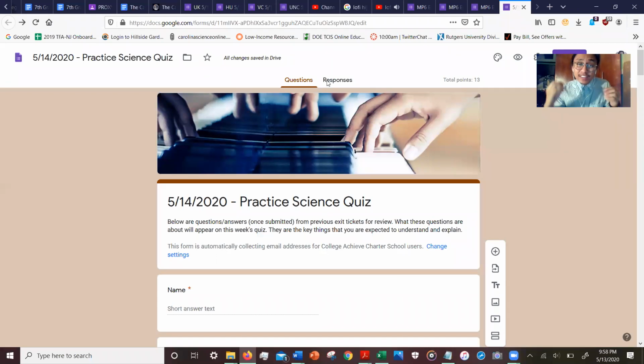It literally has every single question from the previous exit tickets that will be on this quiz. Now, these aren't the exact questions, but they definitely tap into the core of what you will be tested on for this Friday. Well, that's the carbon cycle and how it travels through our Earth.